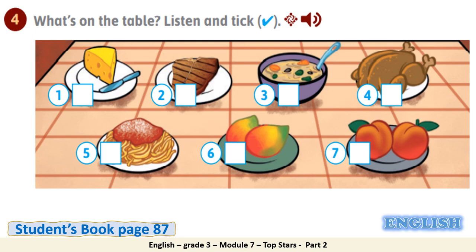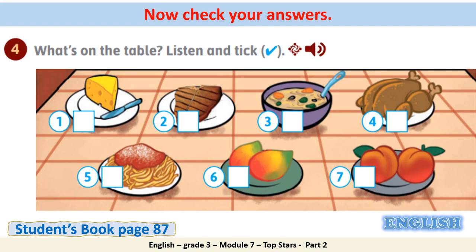There are some peaches too. Now, check your answers. There isn't any cheese or any soup, but there is some meat and some chicken. There is also some spaghetti and some peaches, but there isn't any mangoes. Very good.